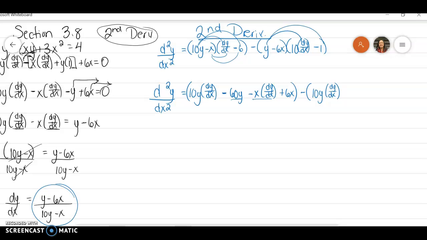My two outside terms give me minus y. My two inside terms give me minus 60x, and again I have that dy over dx. And then my two last terms give me plus 6x.